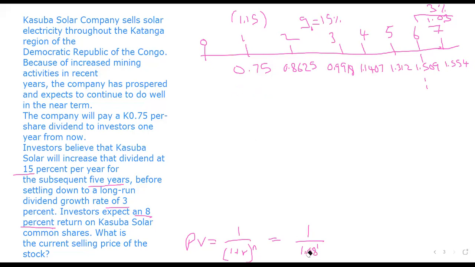So what are you getting here? 1 over 1.08. What are you getting? 0.9259. Yes. Next.